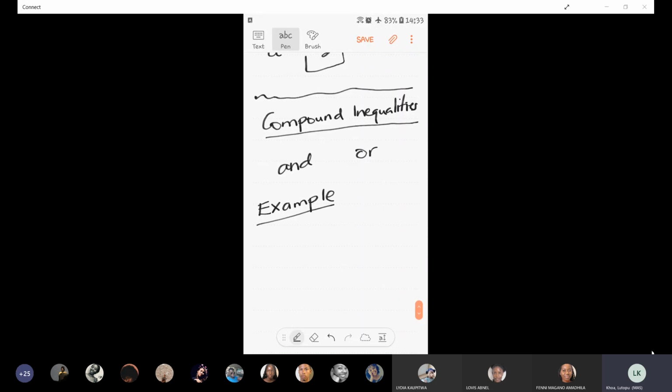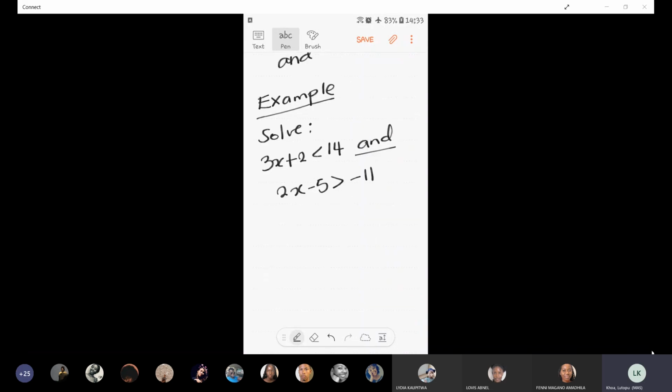So if we look at an example, it says solve for x when we have 3x plus 2, this is less than 14, and 2x minus 5 is greater than minus 11. So we want an x that satisfies the first inequality as well as an x that satisfies the second inequality.